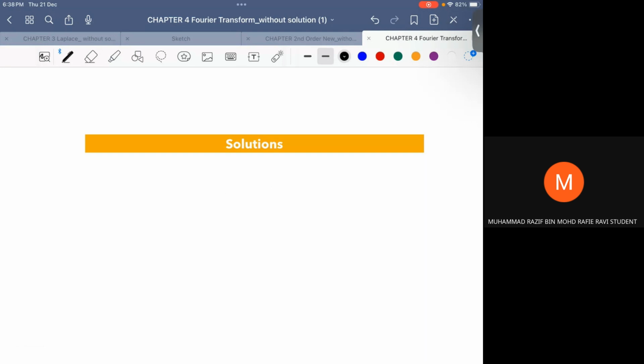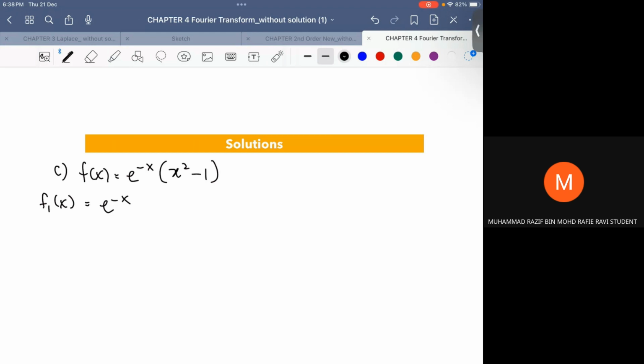Alright, let's try C. C we have f(x) equal to exponent negative x multiply x squared minus 1. So for the first function, f1 is equal to exponent negative x.